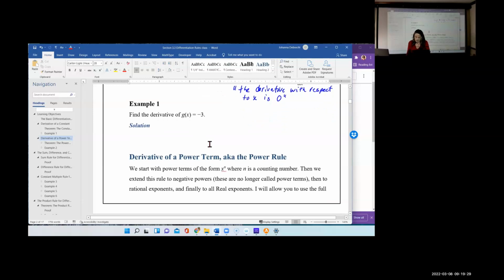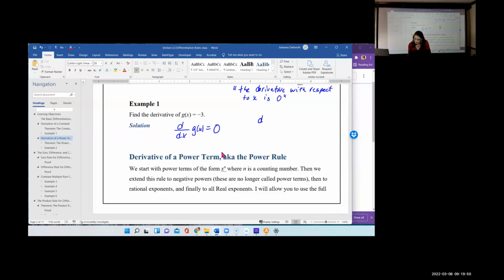All right. So find the derivative of g of x equal to -3. If you take the derivative with respect to x of g of x, you're going to get 0 because it's a constant. So it's always going to give you 0. It doesn't matter what the constant is.